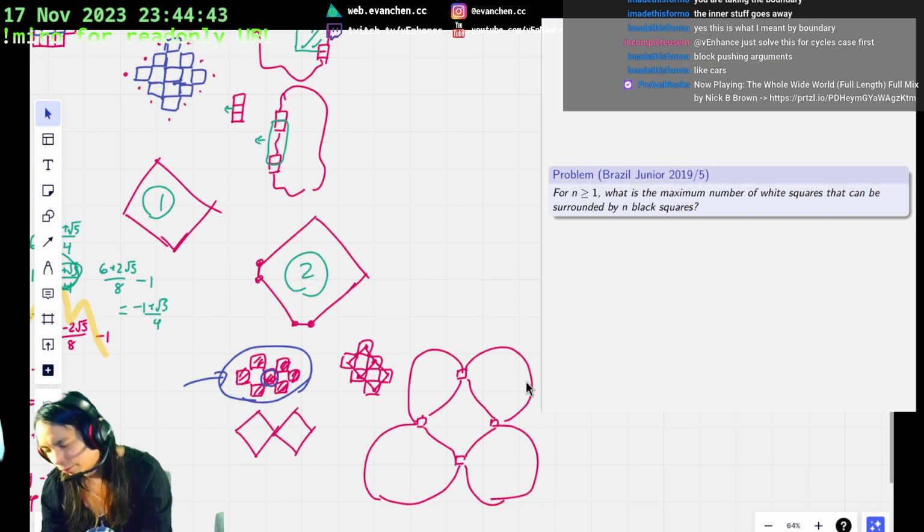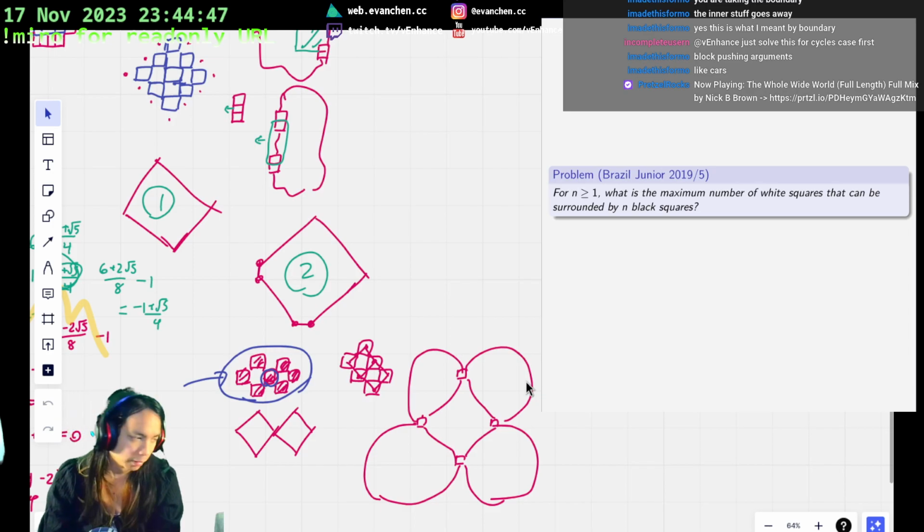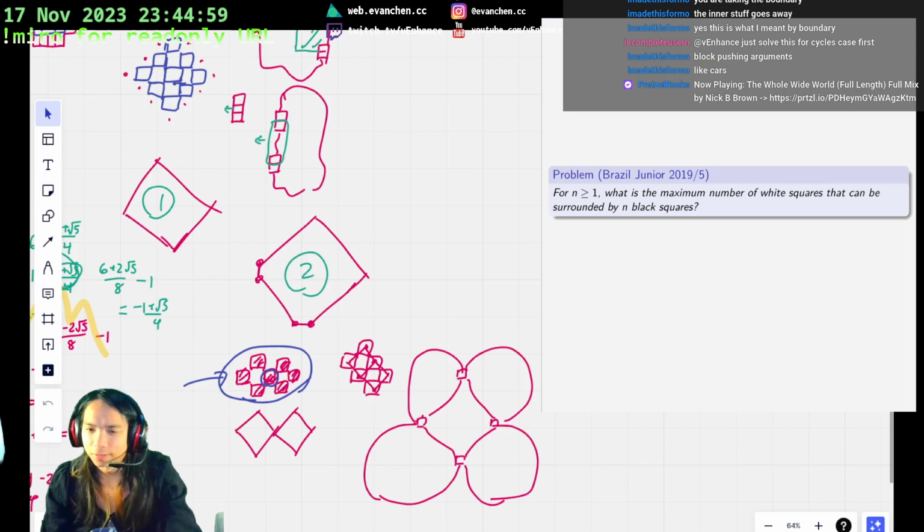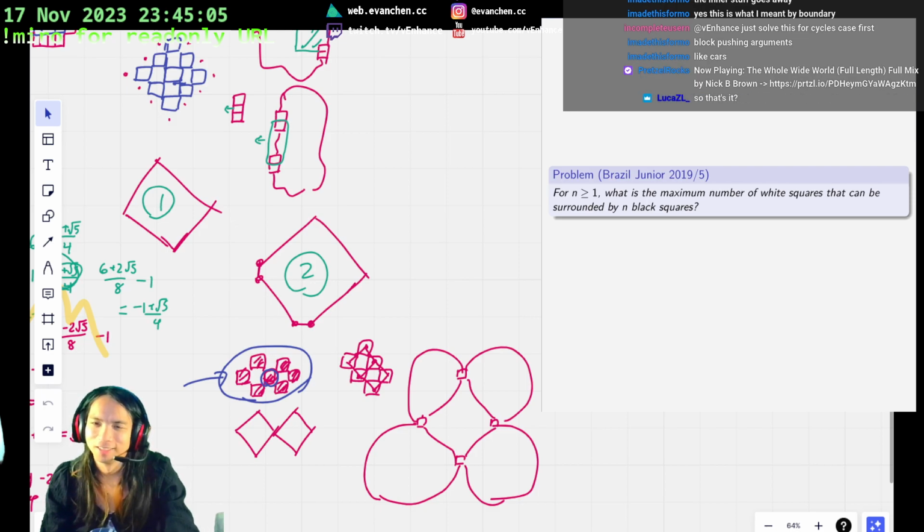I think that should work, and I really don't want to write it because I had to do like 6 steps. Yeah, this solution is like a short essay.